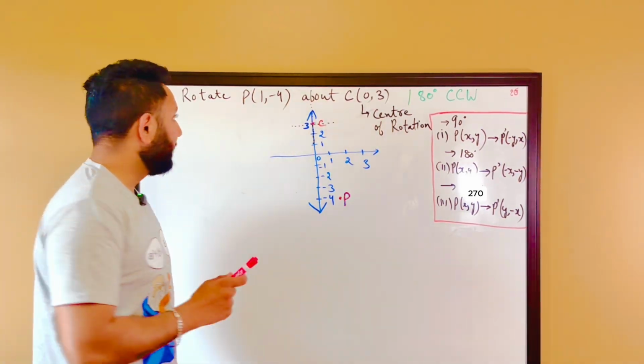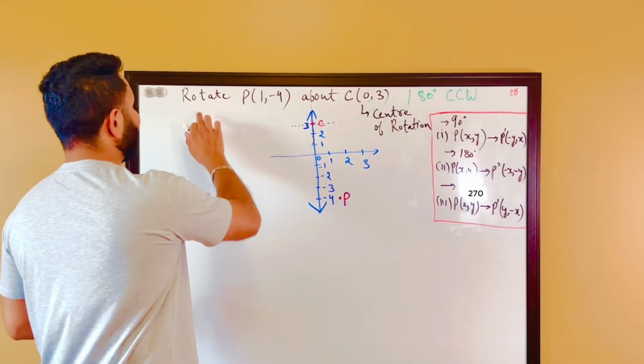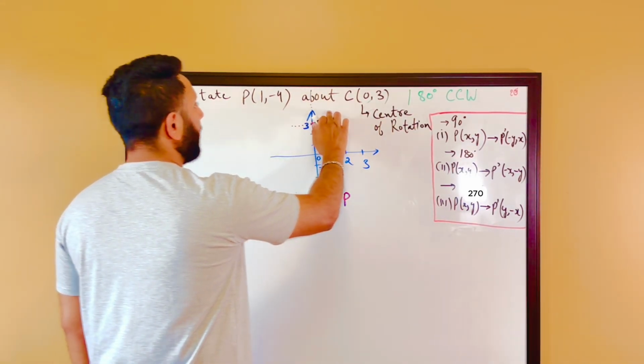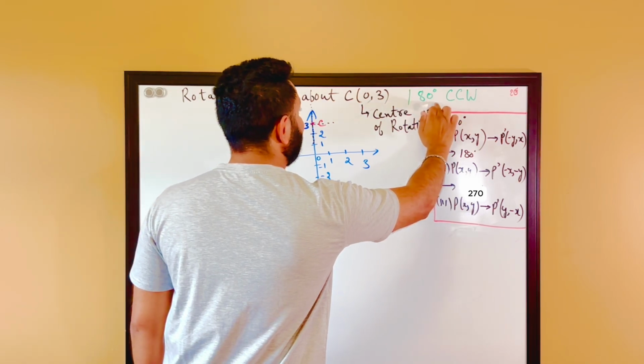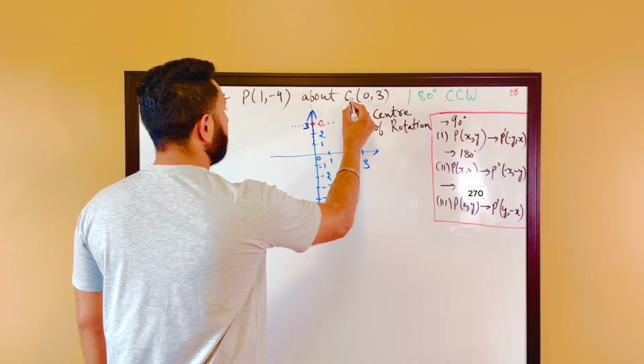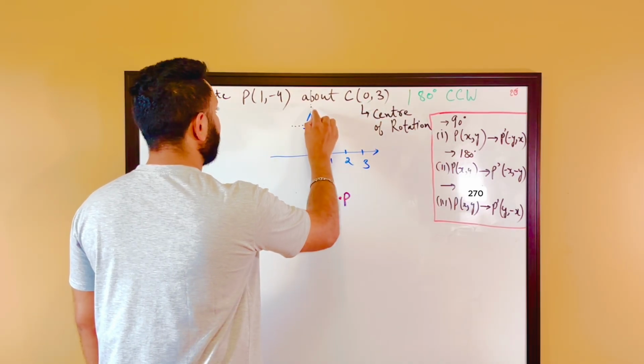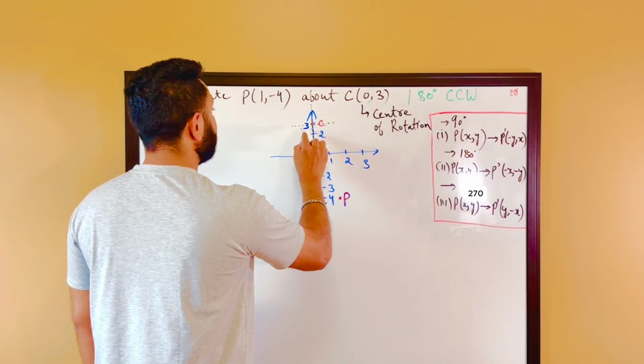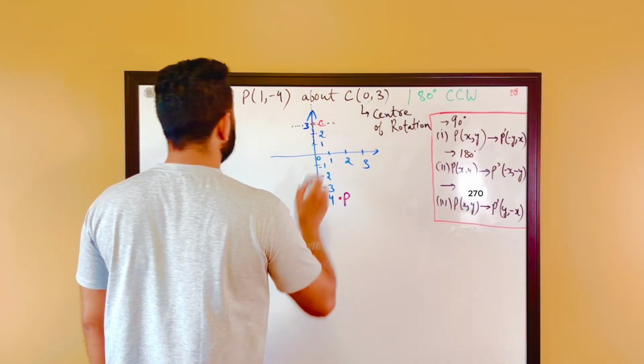So our last problem is we're gonna rotate point P(1, -4) about C(0, 3) 180-degree counterclockwise. So that means C is our center of rotation, or we can say that this is our virtual origin.